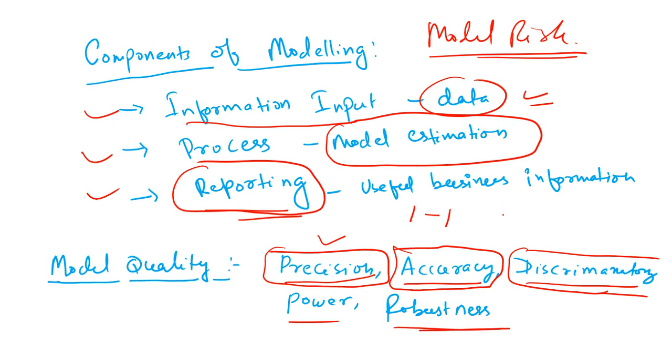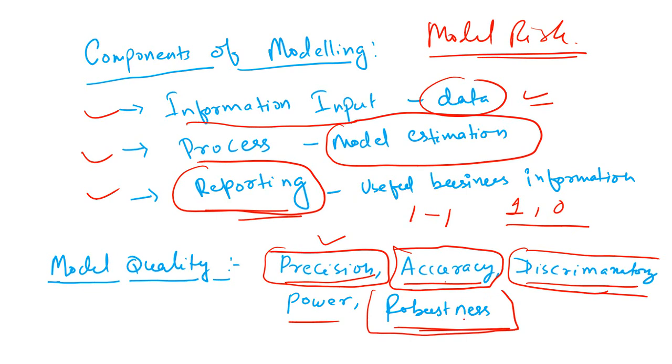One popular use of this is the probability of default model, where you are trying to find out whether a particular customer is going to be a default customer, a bad customer, or a good customer. So that's discriminatory power.